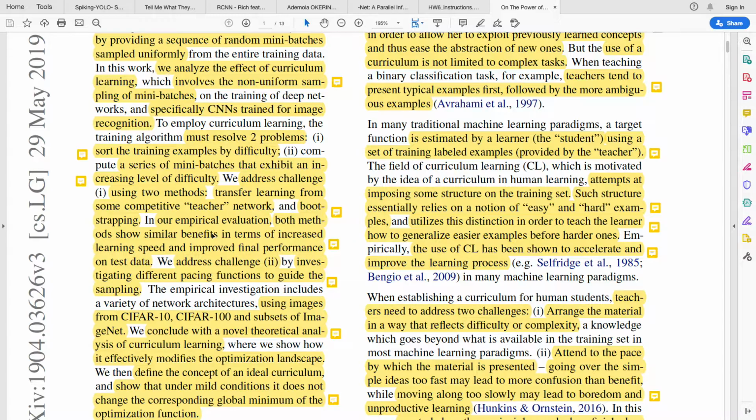If you are able to solve problem one, sorting your training examples by difficulty, let's say from 1 to 1000, then you just say 1 to 32 is the first batch, then 33 to 64 is the next batch.